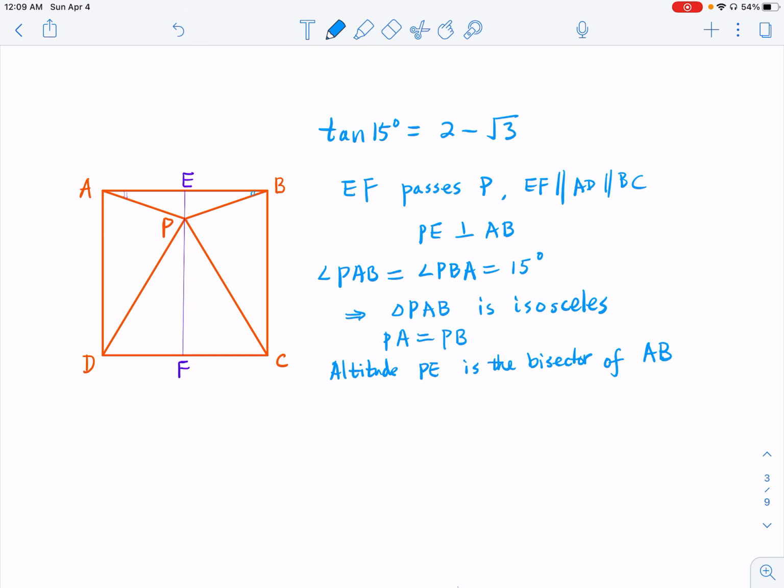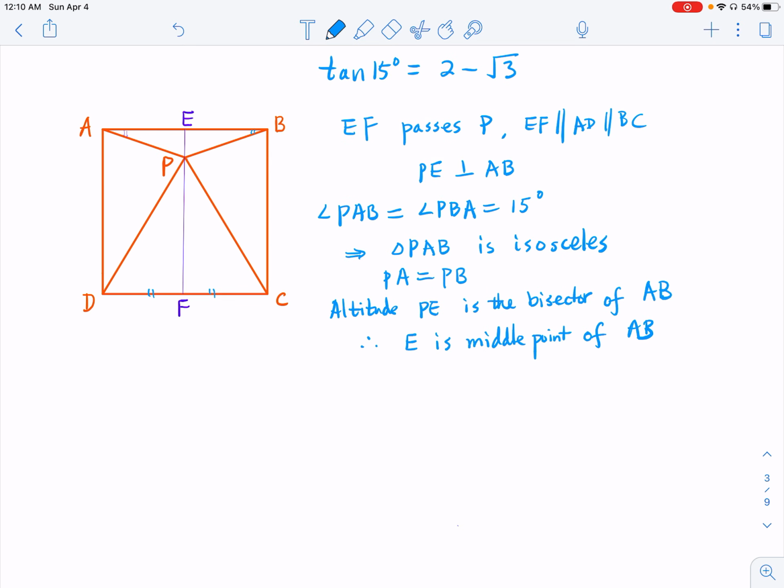So, in other words, E is the midpoint of AB. Since EF is parallel in this square, we know that F is also the midpoint of DC.